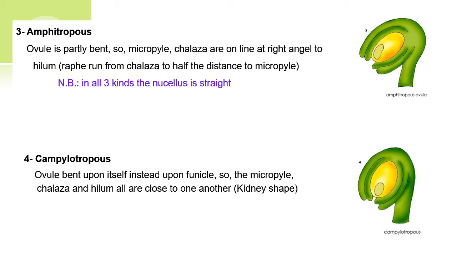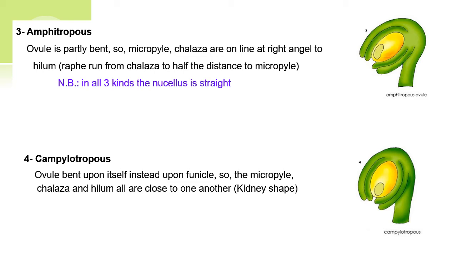The fourth type is the campylotropous ovule, in which the ovule is bent on itself. Here in the amphitropous, the ovule is bent on the funicle, but in the campylotropous, the ovule is bent on itself, or there is overgrowth on one side of the ovule and on the other side the growth is normal. So this is enlarged growth of tissue on one side, or the ovule will, as we said, be bent on itself.